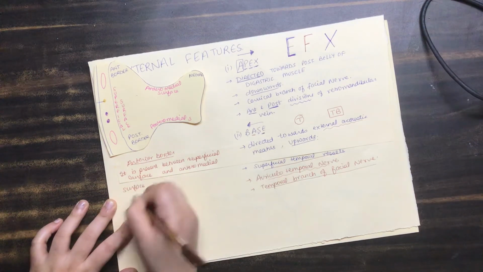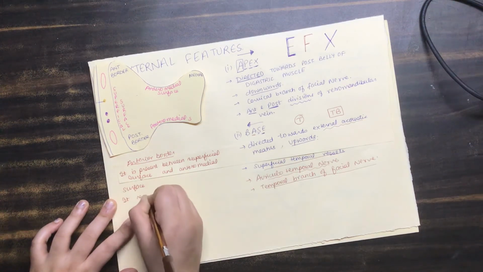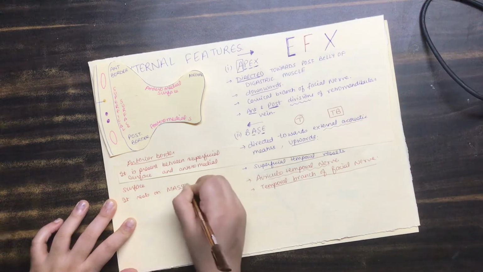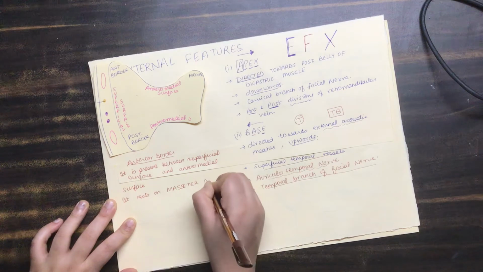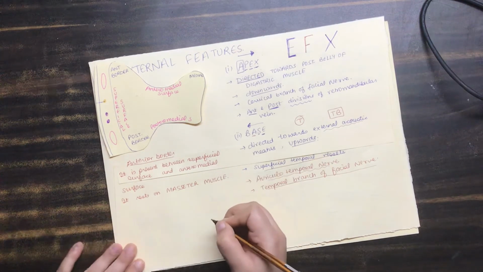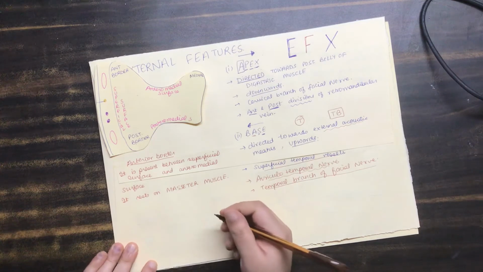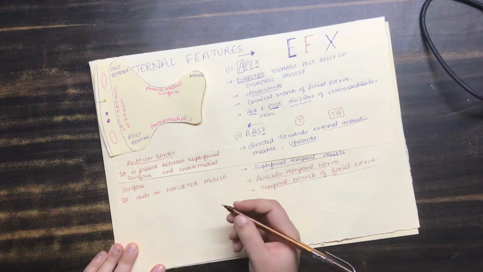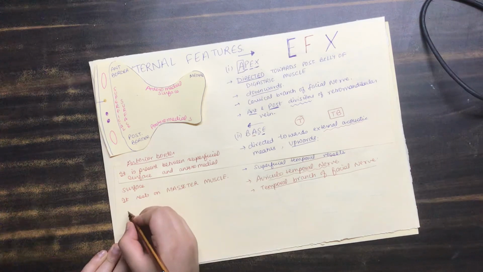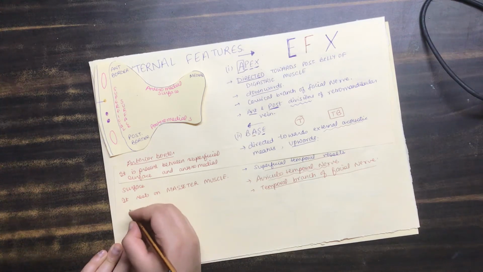Second point, it rests on the masseter muscle. Do you know the masseter muscle? It is the muscle of mastication developed from the first branchial arch, which is the mandibular branch, and supplied by the mandibular nerve.